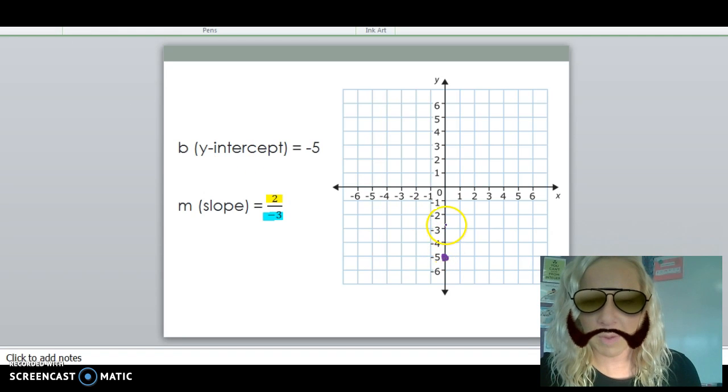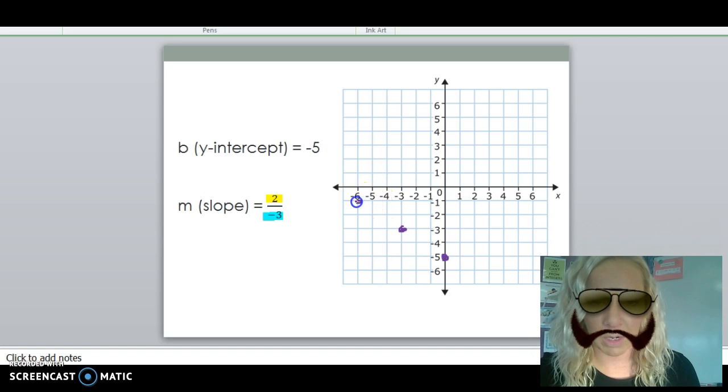So I'm going to rise positive 2 and head towards the negative direction, which is this way. I'm going to go 1, 2, 3. Graph my point. I'm going to rise another 2 and run negative 3. 1, 2, 3. And then I can connect my points so beautifully.